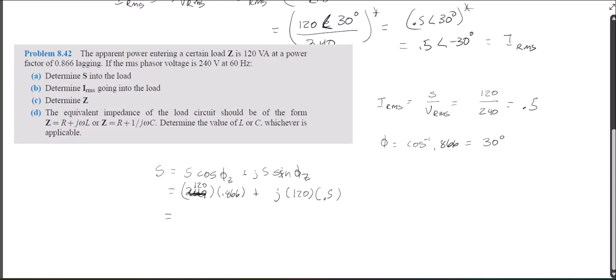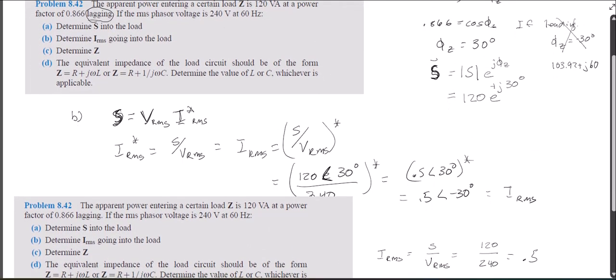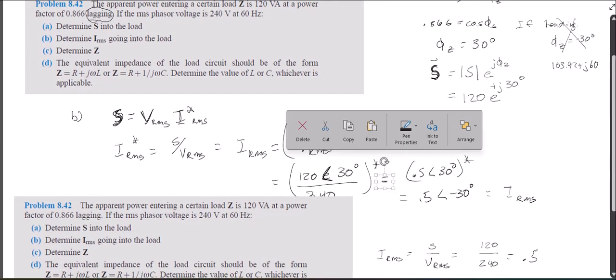And then 120 times 0.866 is 103.92 plus j60.